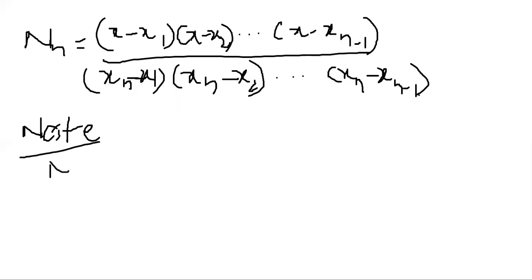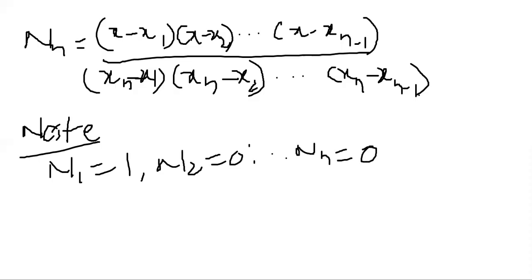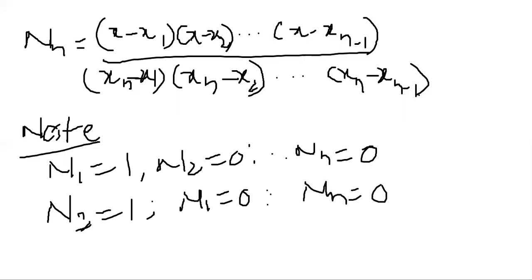Suppose N1 is equal to 1 at node 1, then at all the other nodal points it is 0. When N1 is equal to 1, N2 is equal to 0, like that Nn is equal to 0. Similarly, when N2 is equal to 1, all the remaining N1 is equal to 0, like that Nn is equal to 0. These are the node point properties, how to remember.